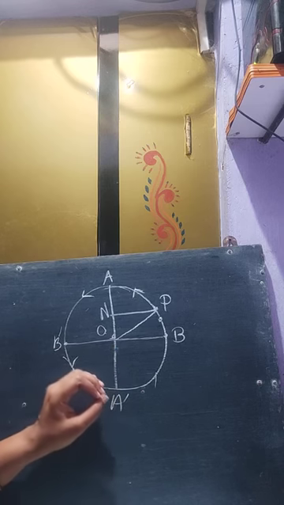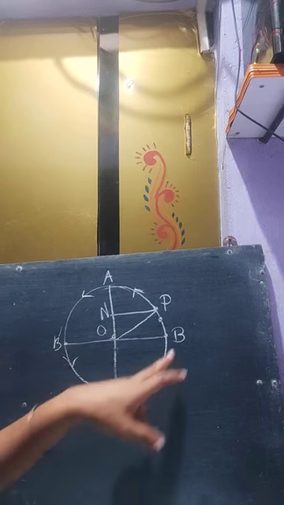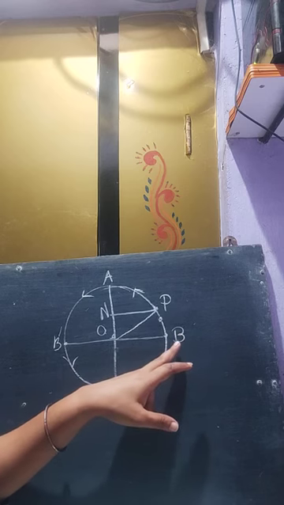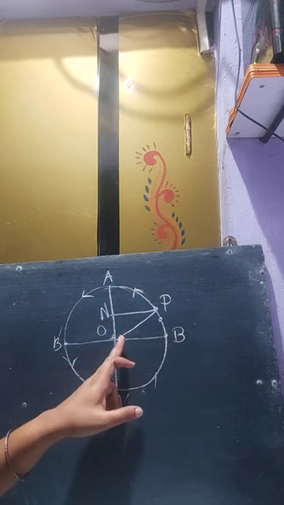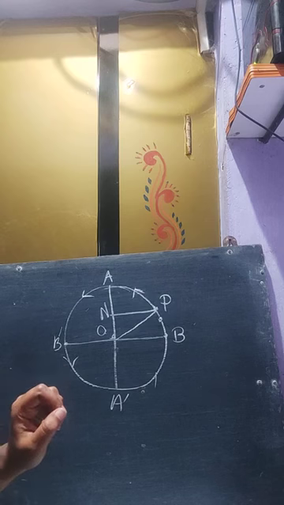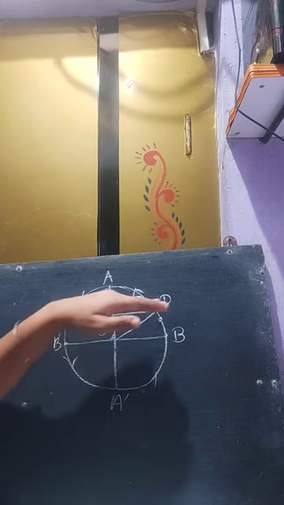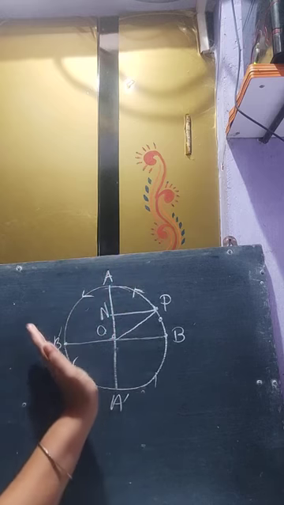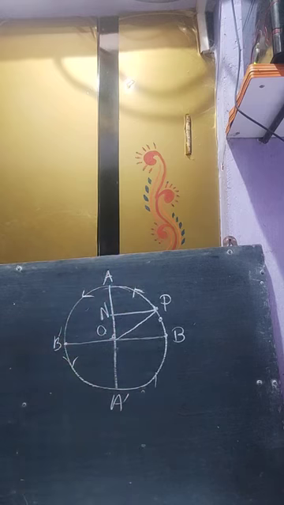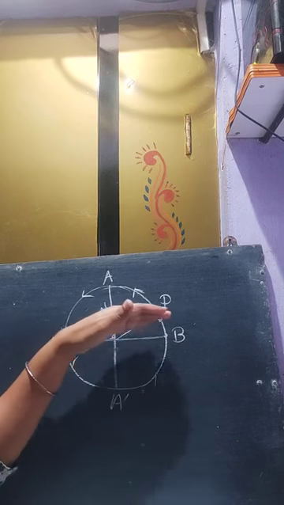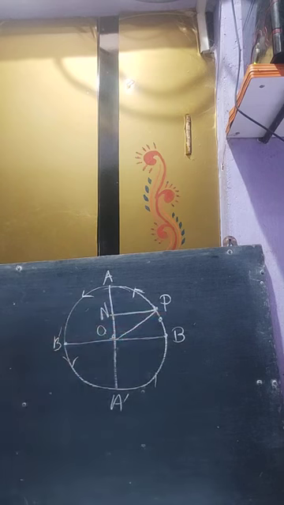And when the particle moves from A dash to B, the projection moves from A dash to O. Thus the projection N moves in a straight line, to and fro about the point O.